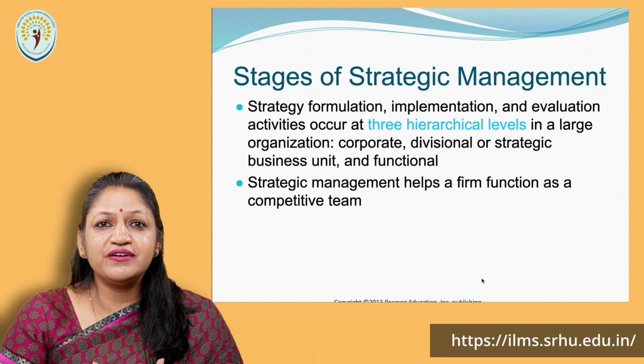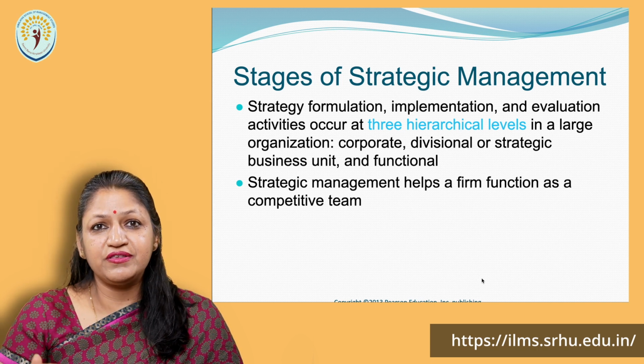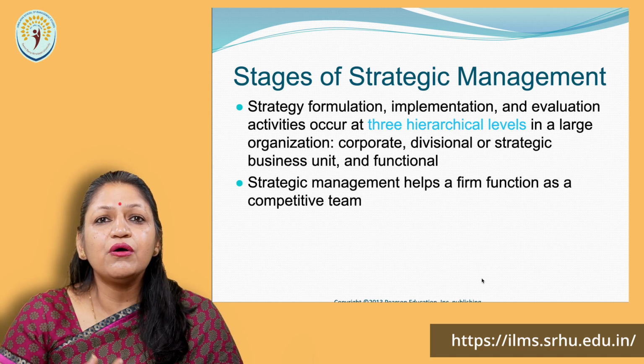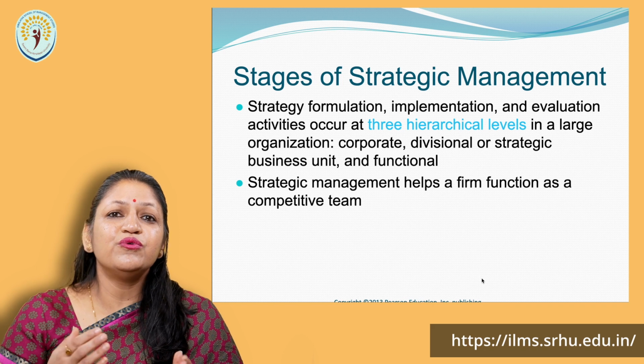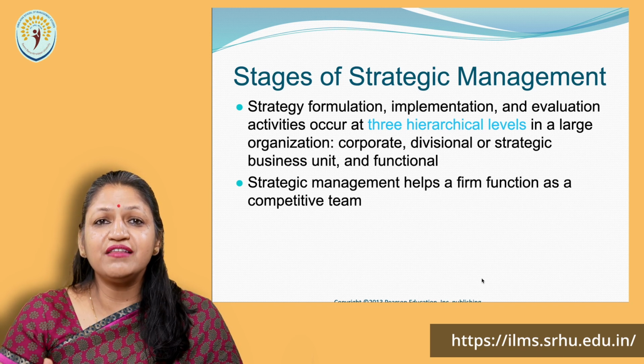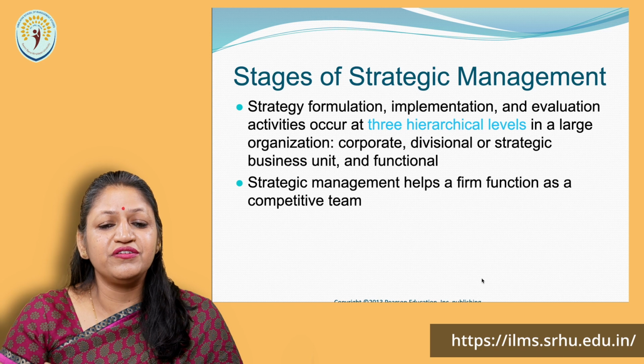Why? Because we are having certain objectives. We are moving towards those objectives. We are generating momentum in the organization to move it towards those objectives. And everybody is working towards those goals and those objectives. And that is why we are functioning as a competitive team.